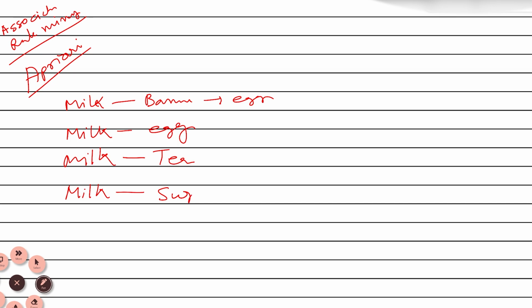Let's say I have a couple of entries in a data set: milk, banana, egg. Another observation: milk, egg, milk, then maybe tea, another option: milk, sugar, egg.